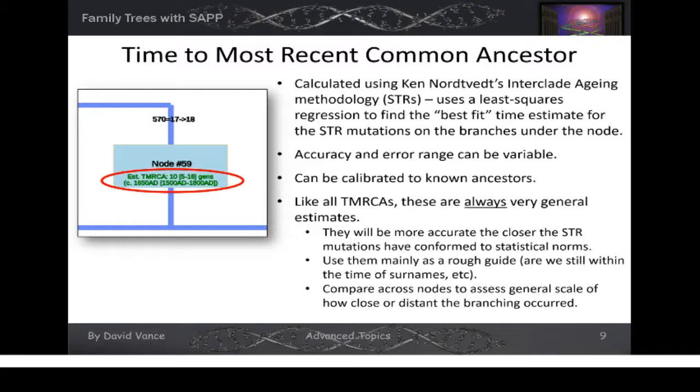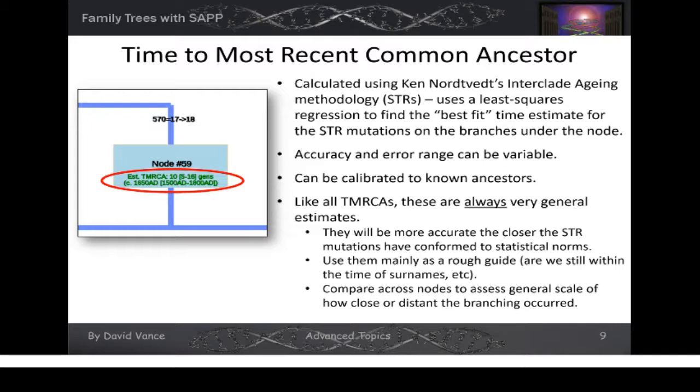For SAPP, at least, the Ken Nordtvedt interclade aging method has worked fairly well. It's an estimated method that uses a least squares regression approach to finding the best fit. What that basically means is it's like plotting the best fit line on a graph that has a number of points on it. You look for where the best line occurs that will explain all those points.